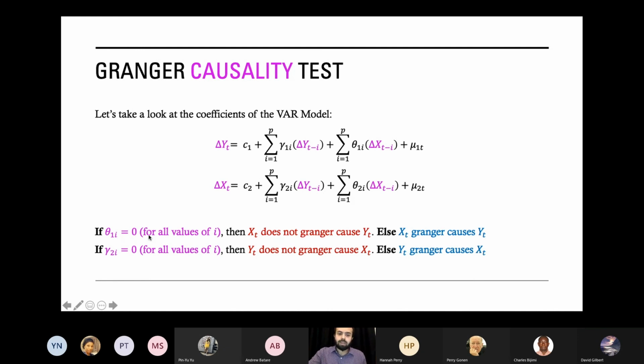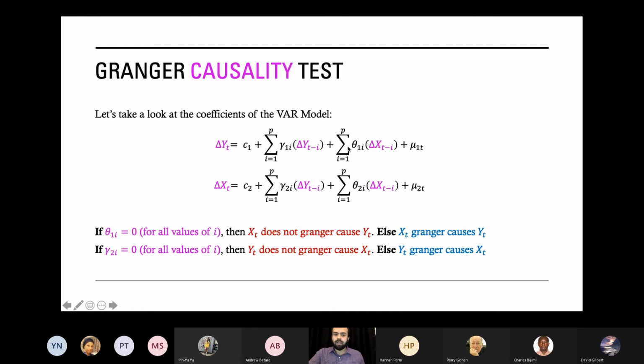So when we model that idea, we use Granger causality test equations, and we have the theta values here, and we are just looking at their statistical significance.